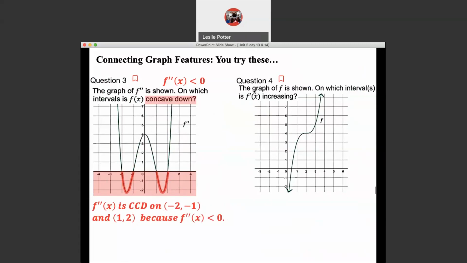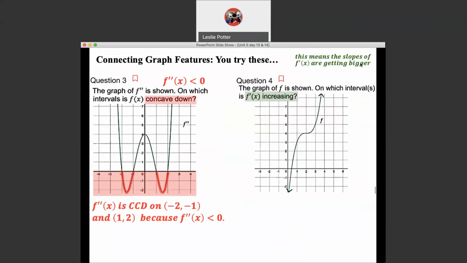Looking at question 4, the graph of f of x is shown. On which intervals is f prime of x increasing? So notice I'm asking you about the derivative. Where's the derivative increasing? This means that the slopes of the derivative are getting bigger, right?